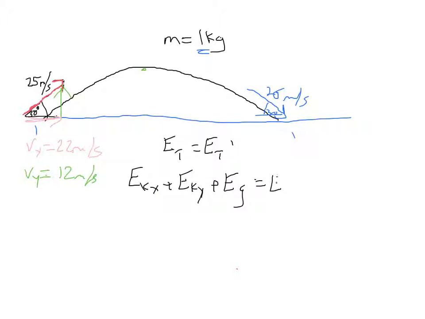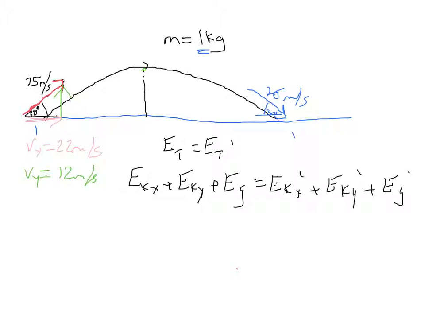So once again, Ek in the x component prime plus Ek in the y component prime plus gravitational potential energy prime. My prime right now refers to this point right here, which is the maximum height of my projectile. Alright, what do I know?